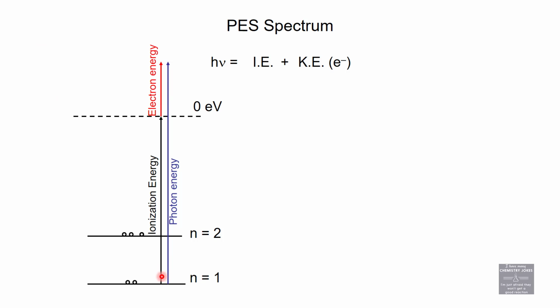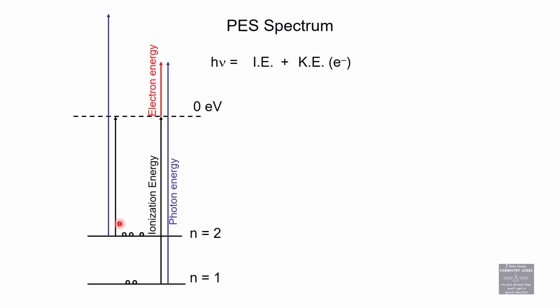But when that photon comes in, that photon could hit an electron in the n equals 1 shell, but it could also hit and will also hit an electron in the n equals 2 shell. The blue line, the photon energy, is the exact same, but the ionization energy required to rip an electron from the n equals 1 is greater than the ionization energy required to rip an electron from the n equals 2.